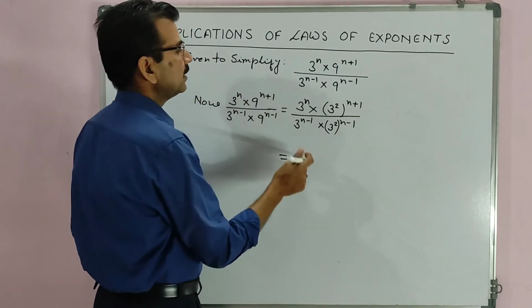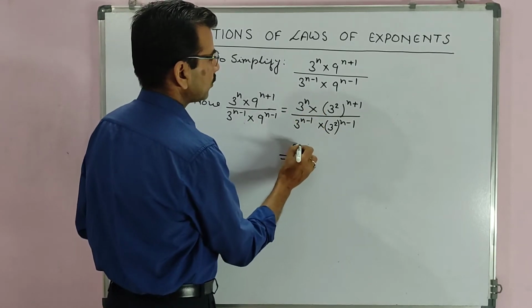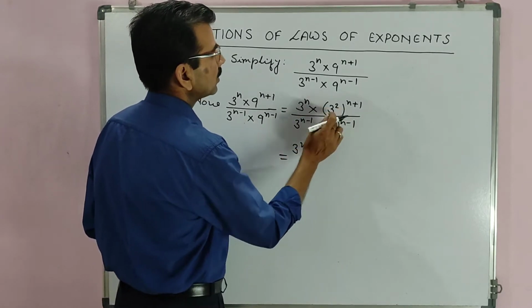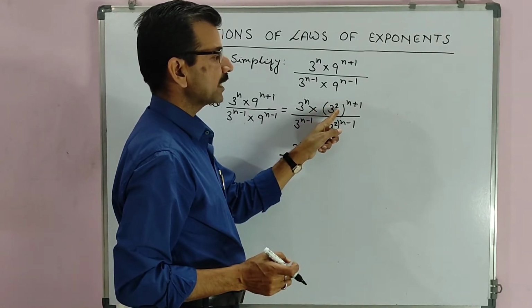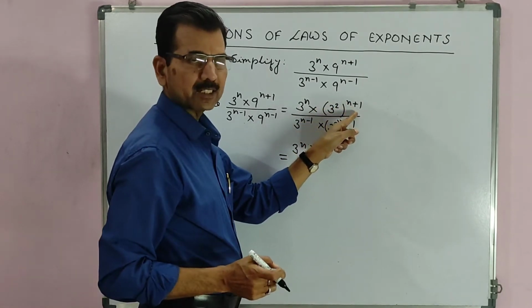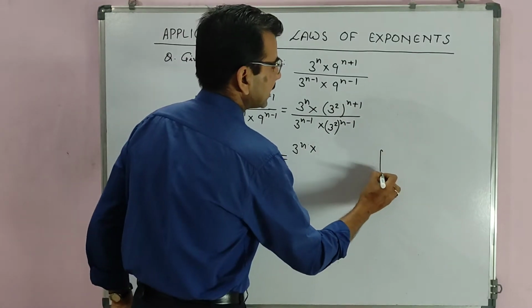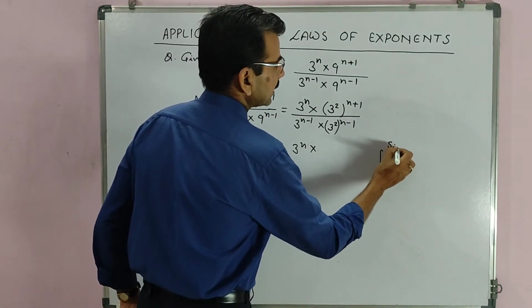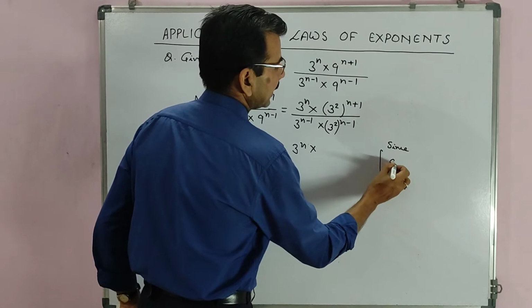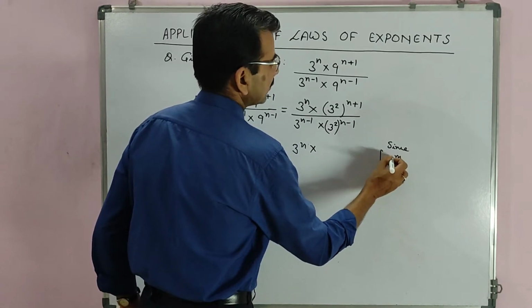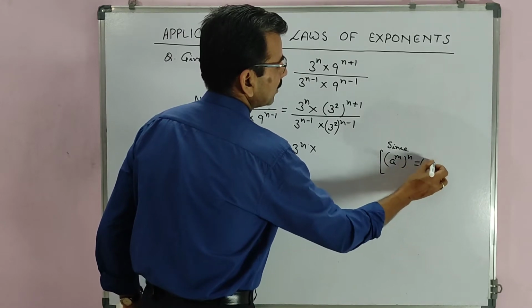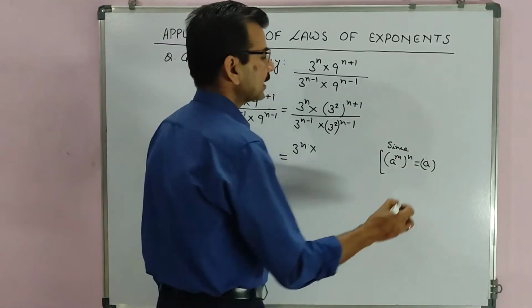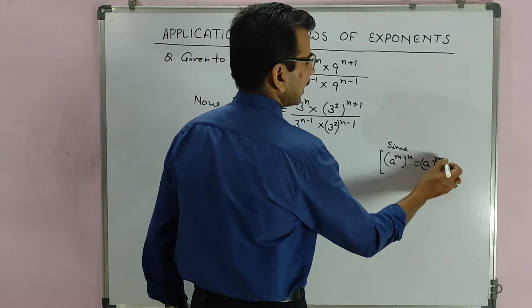Next step, we write 3 raised to power n into this 2, the power inside the bracket and the power outside the bracket. One law I am writing here: a raised to power m whole to the power n is equal to a raised to power m into n.